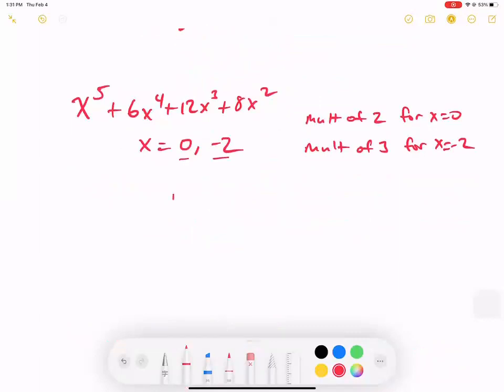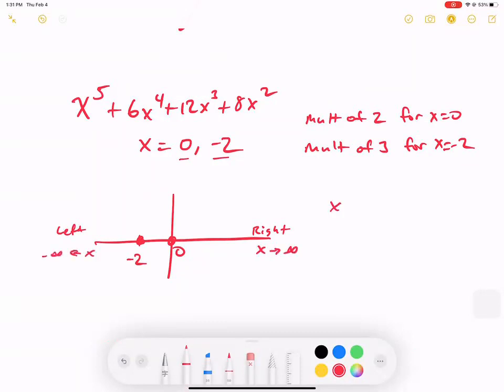Let's go ahead and graph the roots at 0 and at negative 2. Right now, I can guarantee end behavior. What does the graph look like on the right and on the left? X is positive infinity, x is negative infinity.